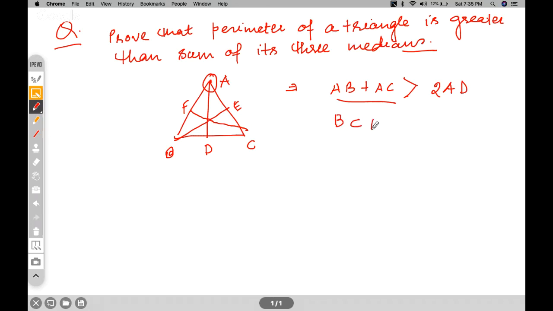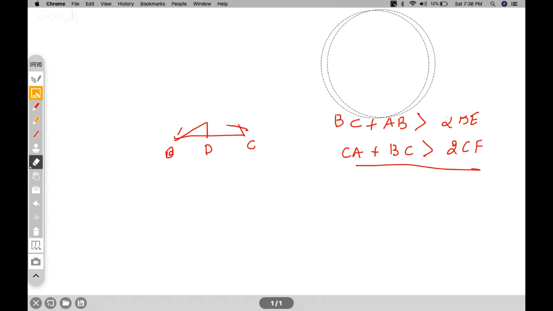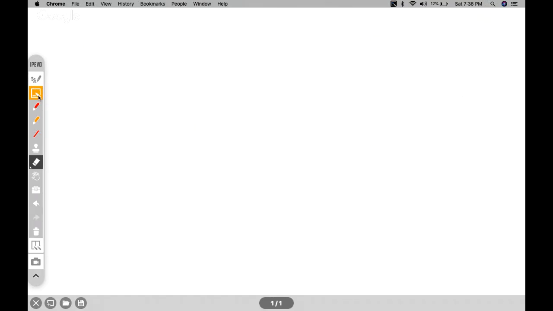Similarly, BC plus AB would be greater than 2BE, and similarly CA plus BC would be greater than 2CF. If you add it, you get this answer. Next question.